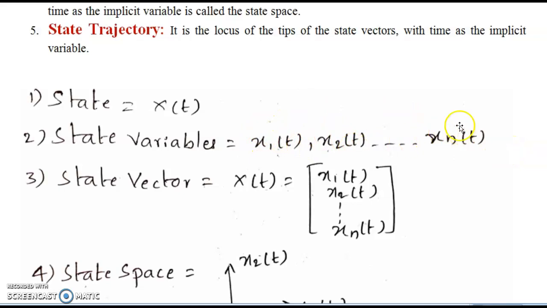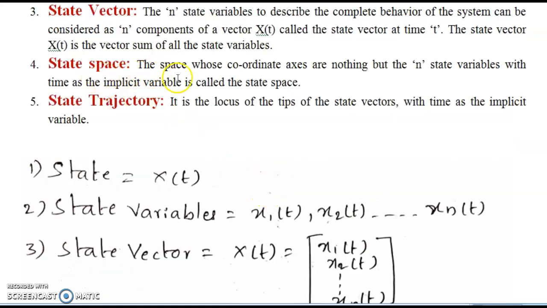The vector of all these variables collectively is called the state vector. Usually it is a column matrix, that is n rows and only one column, an n cross one vector. x1 first variable, x2 second variable, x3 third variable, up to xn. The vector of all the variables is represented as x of t.